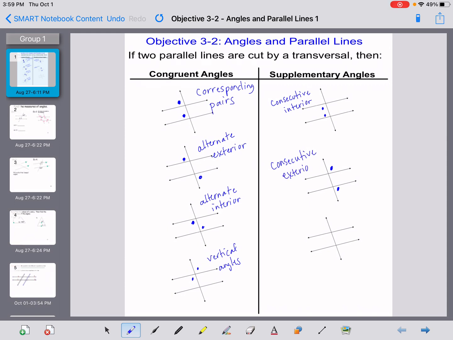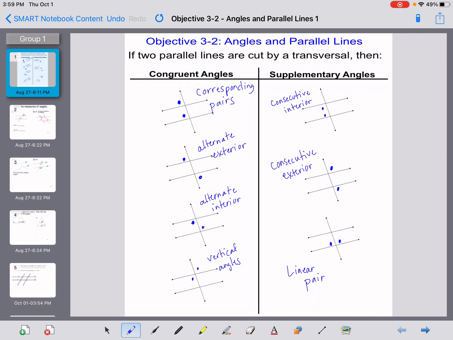And what do you think our last one is? Well, again, this was something we talked about very early on. With this pair of angles, you do not have to have parallel lines again, but it's a linear pair.